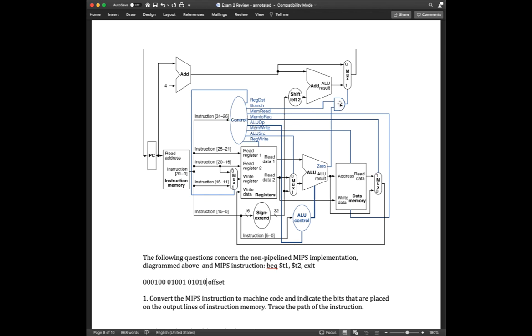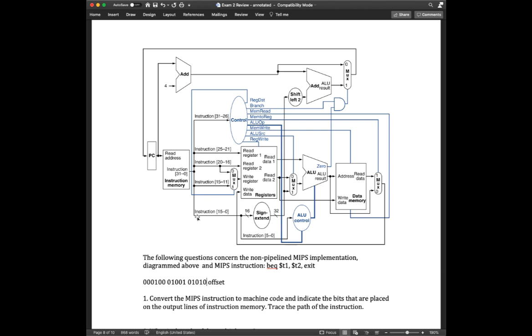So if it really is a branch, and we really are going to branch, T1 and T2 are equal, then this AND gate will result in a 1 to this multiplexer right here, which will mean that instead of just updating the PC by 4 as normal, we're going to update it by whatever comes out of this little adder up here. So what does come out of that adder?